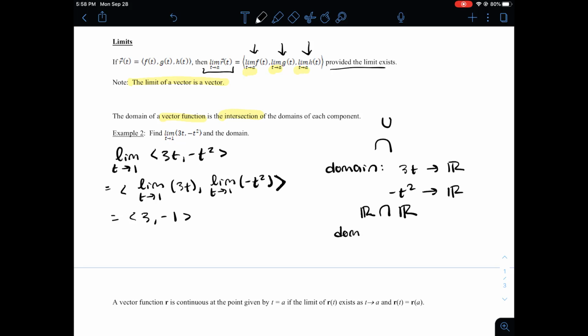The domain of the vector function we just gave is all real numbers. If we had something where it didn't, like we'll do some examples in class, we'll have to actually write a combined domain. There will be discontinuities. We'll have to combine the restrictions to write a new domain.